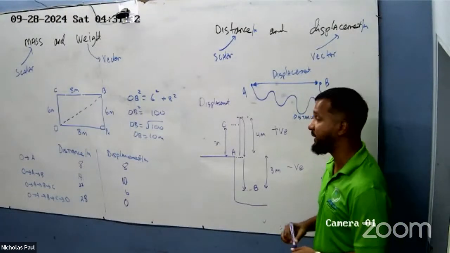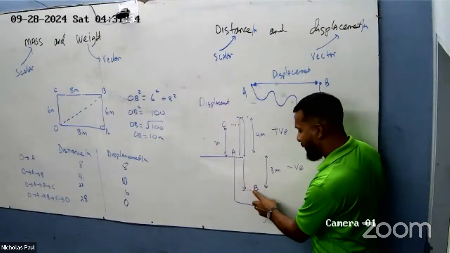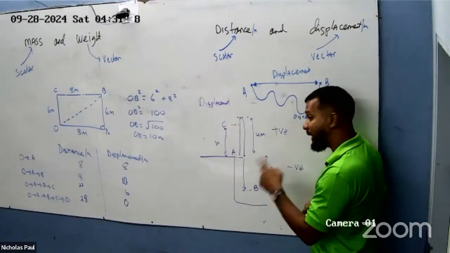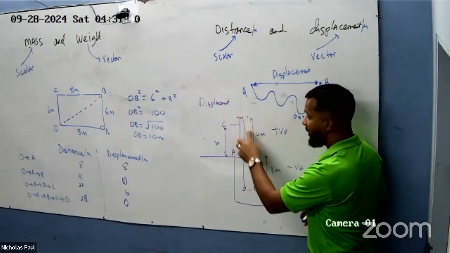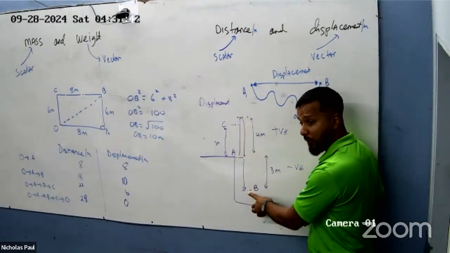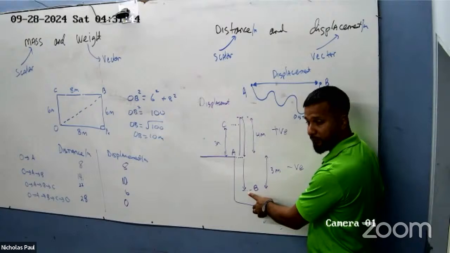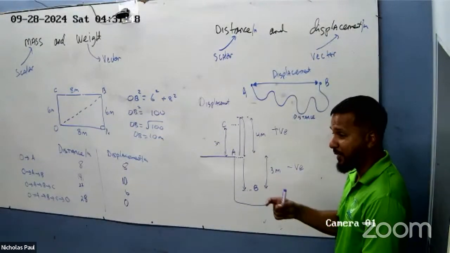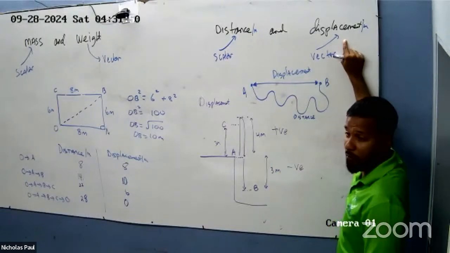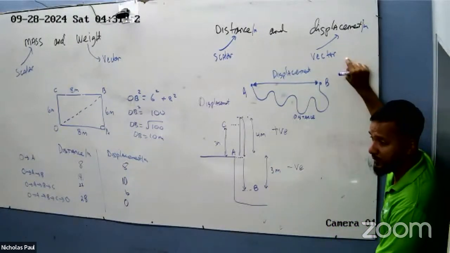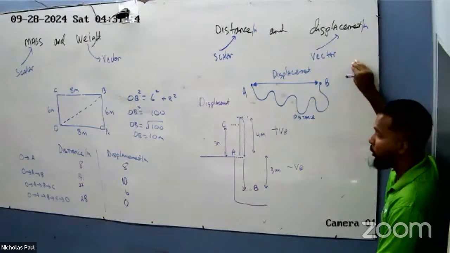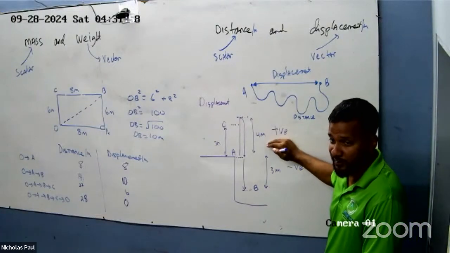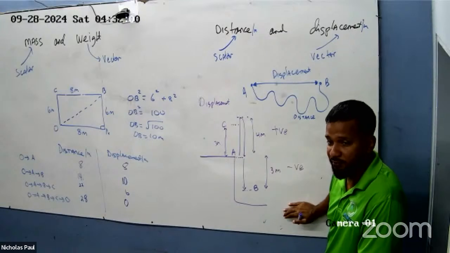Now we can see that our displacement at B is minus 3 meters. That will tell the person that you started here, you went down, and you finished below your starting point. So remember that sign convention for displacement and any vector quantity. Vector means one direction is positive, the next direction negative.